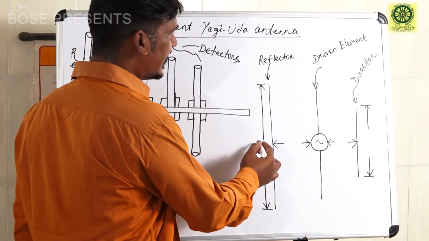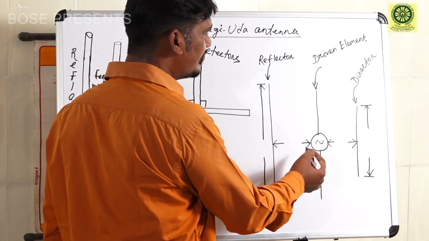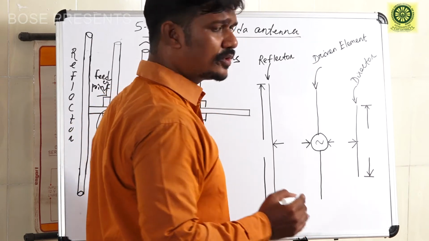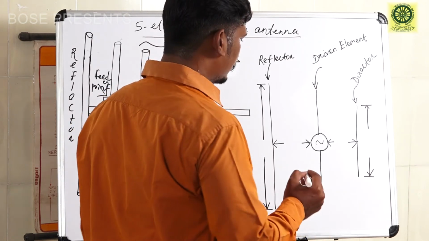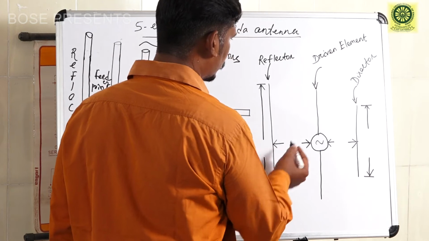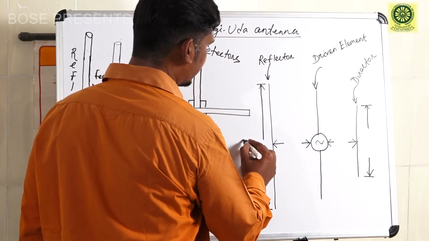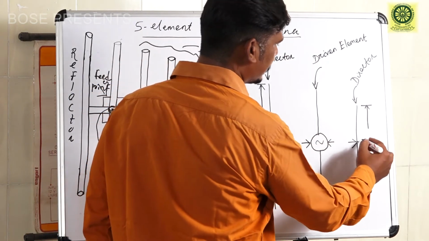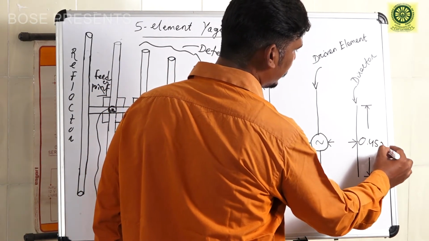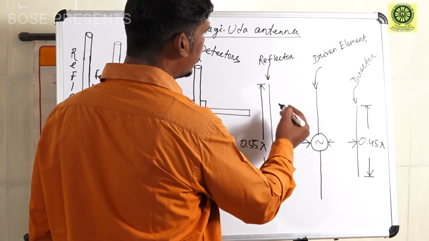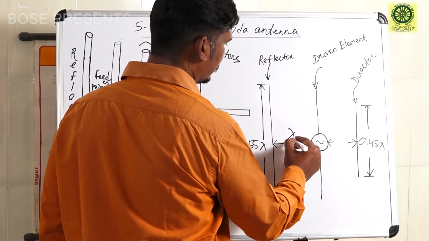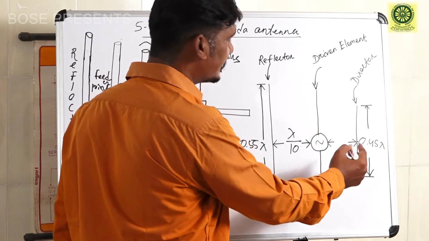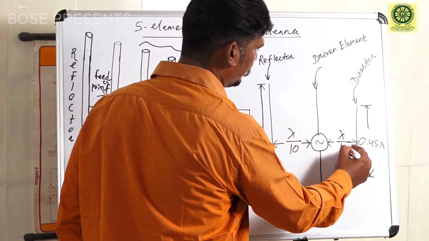The length of and gap between each element is properly maintained, because we have to get better radiation from the antenna. The length of the reflector is 0.55 lambda, the length of the director is 0.45 lambda, the gap between the driven element and reflector is lambda by 10, and also the gap between the driven element and the director is lambda by 10.